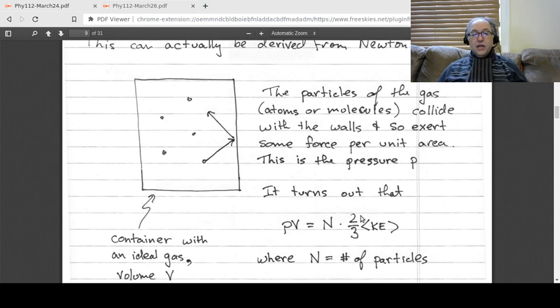So on the one side, you have the average kinetic energy or temperature, because the two are now synonymous, and on the other side, you have the pressure, which is how much force they're exerting per unit area. The more kinetic energy the particles have, the more oomph they have, the harder they're going to hit the wall, the higher the pressure for a given volume.